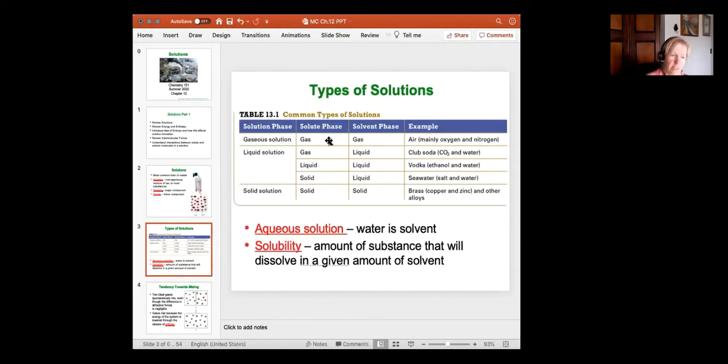You can have a gas solution, which is just a mixture of gases. You can have a liquid solution where I have two liquids that have mixed together, or a solid in a liquid. This might be where I take salt and dissolve it in water. I can have a gas in a liquid, like carbonating a liquid, and also a solid-solid. This is like your alloys, when you have two or more metals that are mixed together.